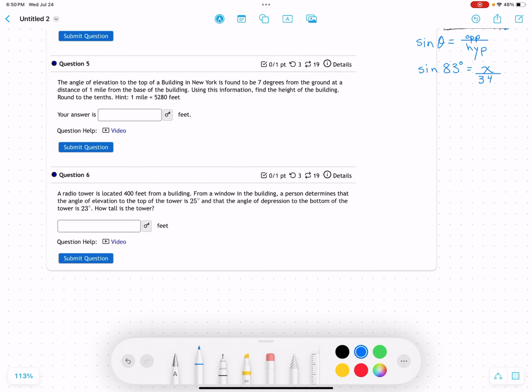The angle of elevation to the top of a building in New York is found to be 7 degrees from the ground. Okay, so hold on a second. Here's the ground. And then the angle of elevation to the top of the building. So here's the building right here. Make a little window.